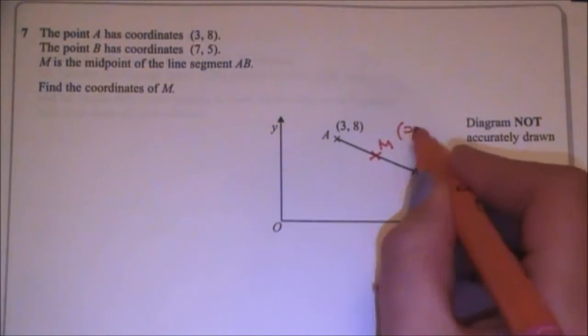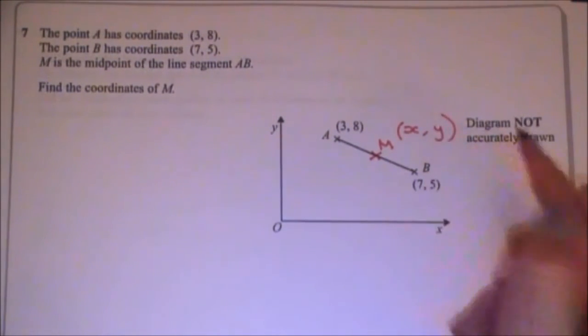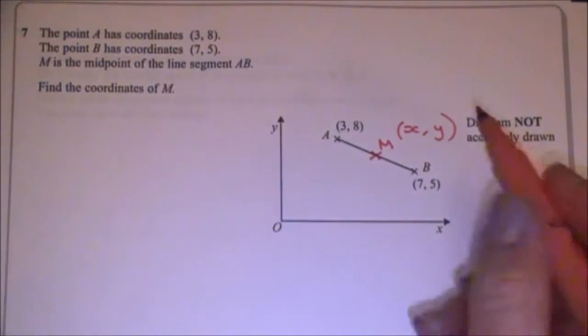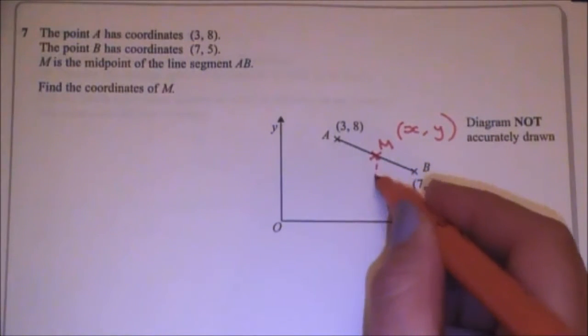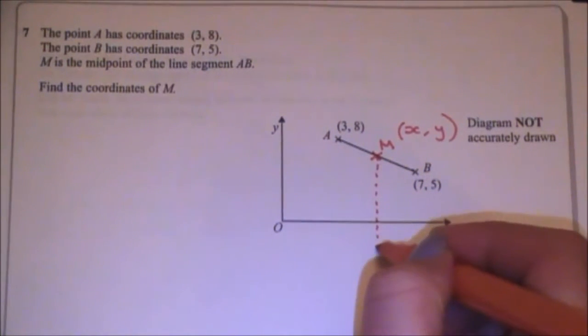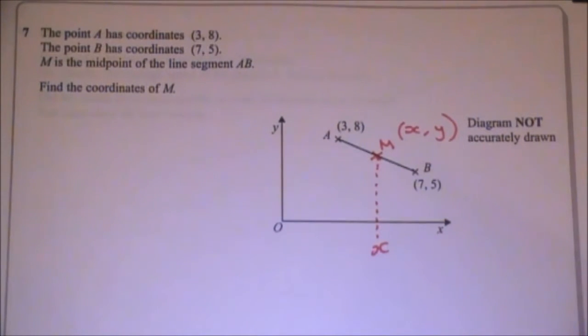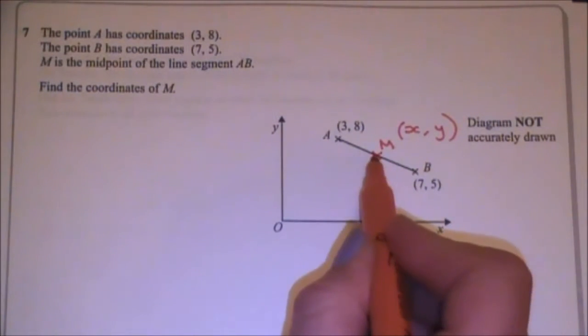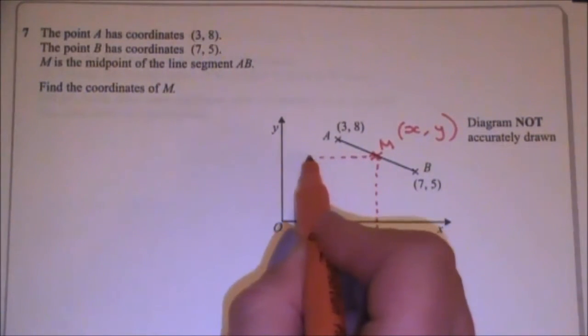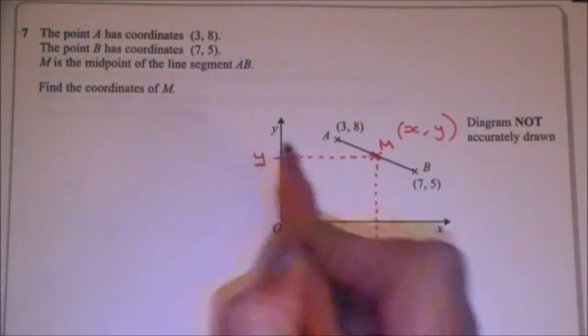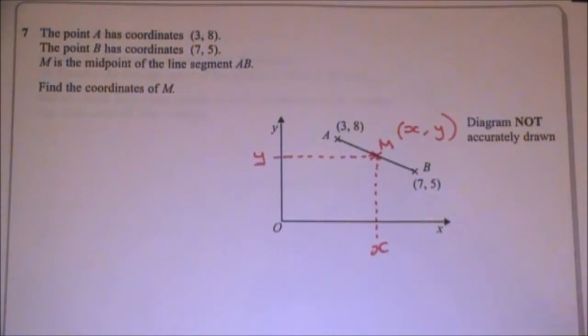So coordinates, remember, are written in the form of an x value, comma, y value, where that x value is going to be that value and the y value is going to be there. Now, in order to get a clear picture of what's going on here, I'm going to do exactly the same as I did there, but I'm going to do it with the points that already exist.